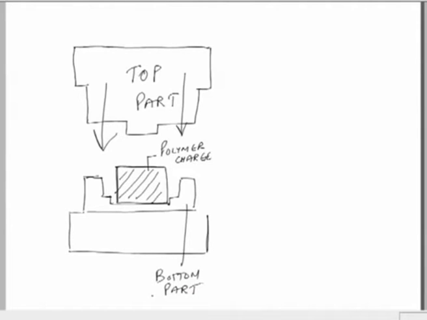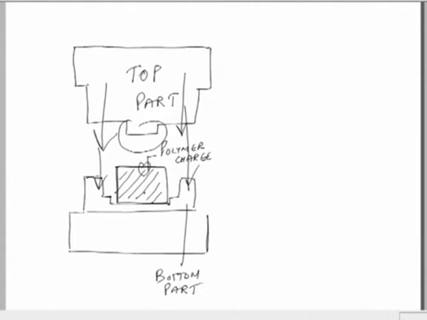So we have a bottom part of the mold, we have a top part of the mold, we have a polymer charge, and we can certainly have heating elements which would be used to heat the polymer charge, and the pressure would be applied when these two parts combine together. The top and the bottom part, the pressure would be applied on this polymer charge and we will get the final product.